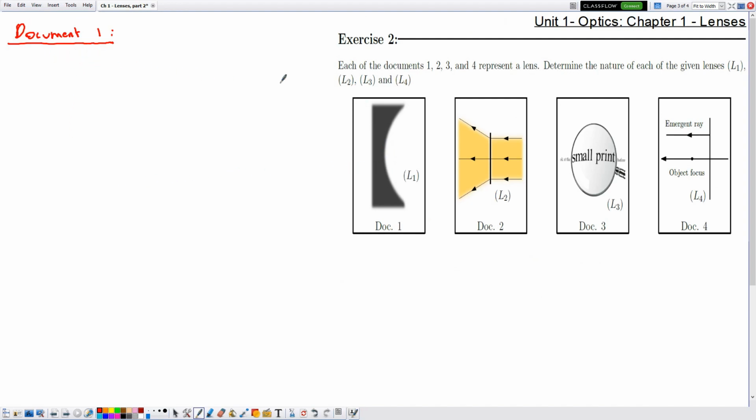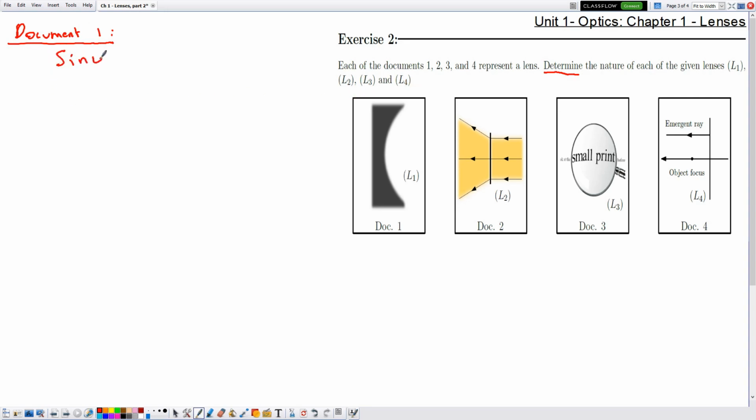Okay, moreover I want to say something here. They told me determine, and determine means that I need to justify, okay? And always all answers are better if they are justified.